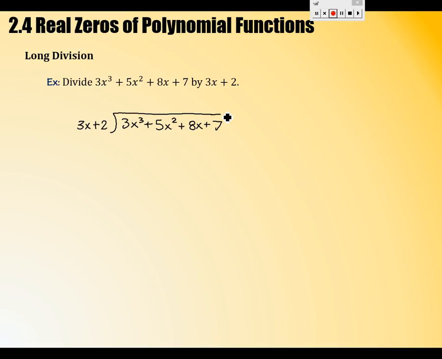No, that's when you plug in the remainders. The remainder here is when you plug in negative.